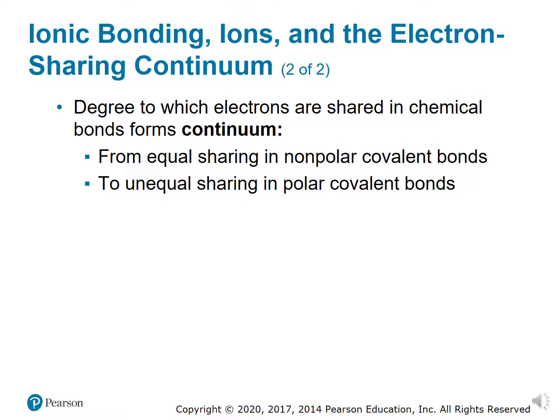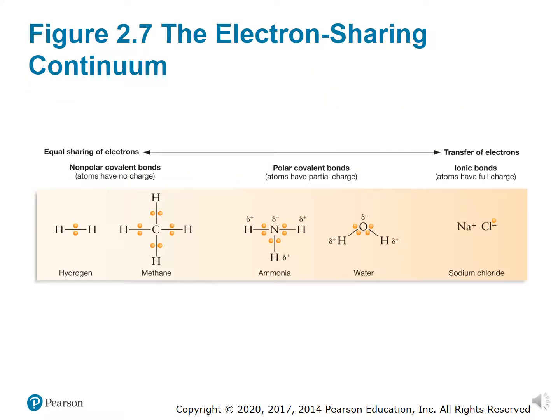The degree to which electrons are shared in chemical bonds forms a continuum. The strongest bonds are nonpolar covalent bonds. Next are polar covalent bonds, and then the weakest bond would be an ionic bond. In figure 2.7, we see the electron sharing continuum.